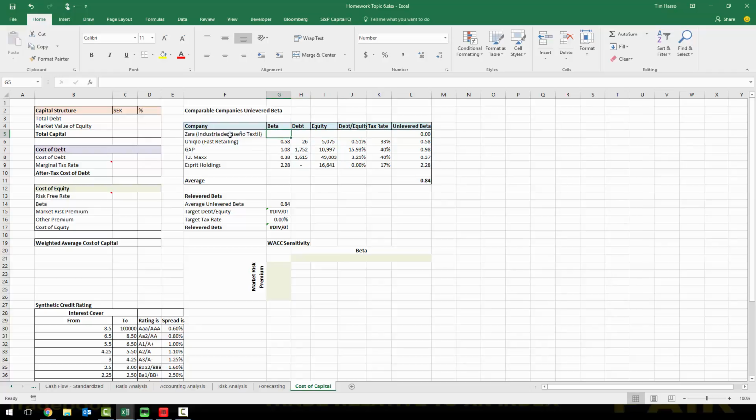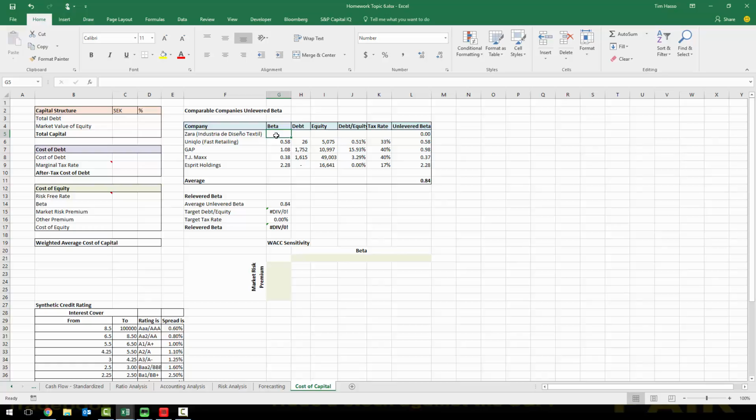So the first thing that we'll need is Zara's beta. Now, what I should also remind you is that just like when you're going to be valuing your own company for your project, I'm going to be traveling back in time. So remember when you were completing your project, you're doing it back in the time when the announcement for the takeover was first announced. So that might be 6 months ago, a year ago, or however long ago that was.